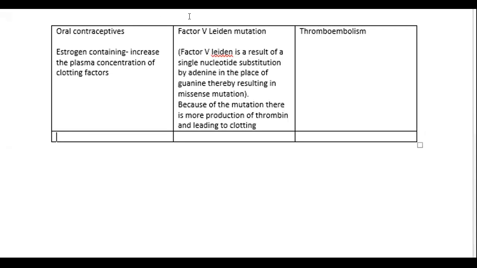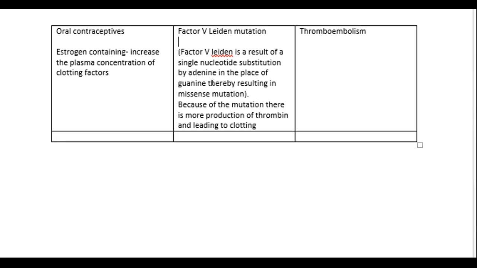This is the only line you have given to me. And in order to understand this, you need to understand what is this factor 5 Leiden mutation. The factor 5 Leiden mutation is nothing but the replacement of the guanine with the adenine sequence. This factor 5 is an unclotting factor, right?